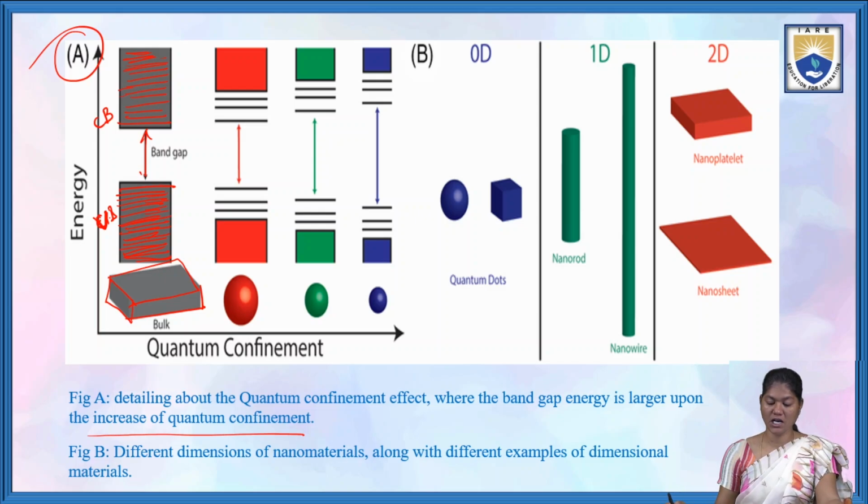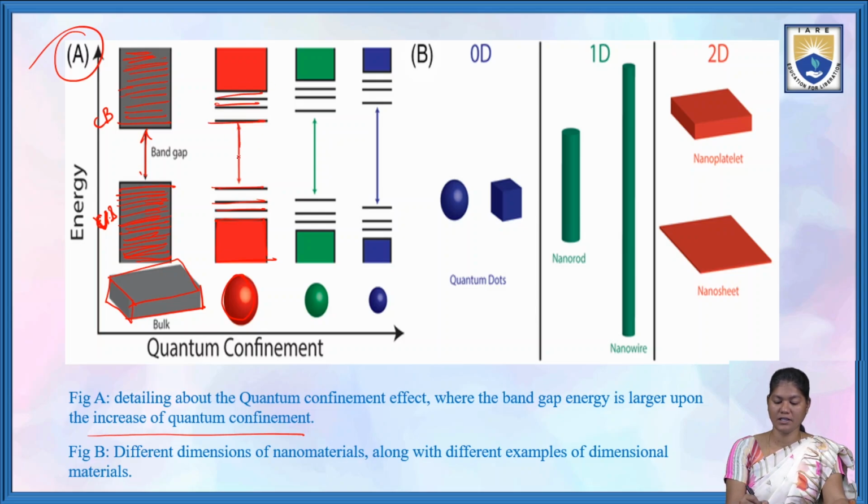When reducing the size of the bulk material, the energy levels are somewhat discrete.